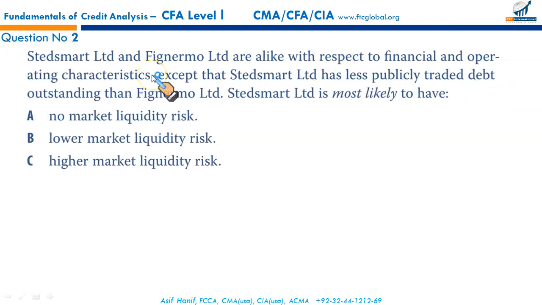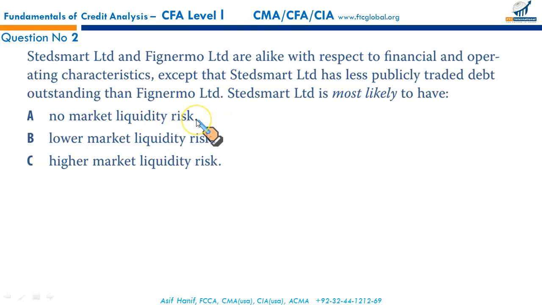Next, Stead Smarts Limited and Finermo Limited are alike with respect to financial and operating characteristics, except that Stead Smarts Limited has less publicly traded debt outstanding than Finermo Limited. Since Stead Smarts has less publicly traded debt, what is most likely for this firm?